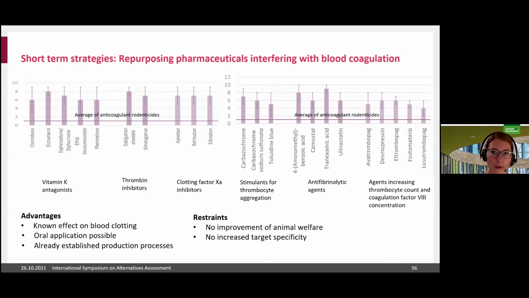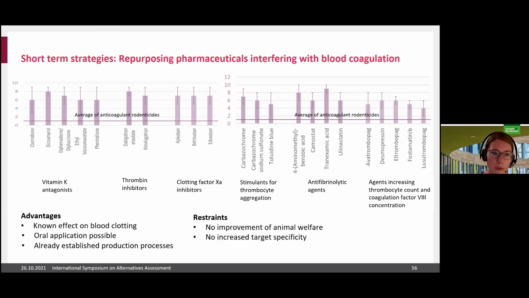And within the study, we had a look at a lot of different pharmaceutical active ingredients and rated them according to our criteria. And what we can see is that those anticoagulants receive much higher ratings than the rodenticides we're using at the moment. So these substances are much better for the environment.